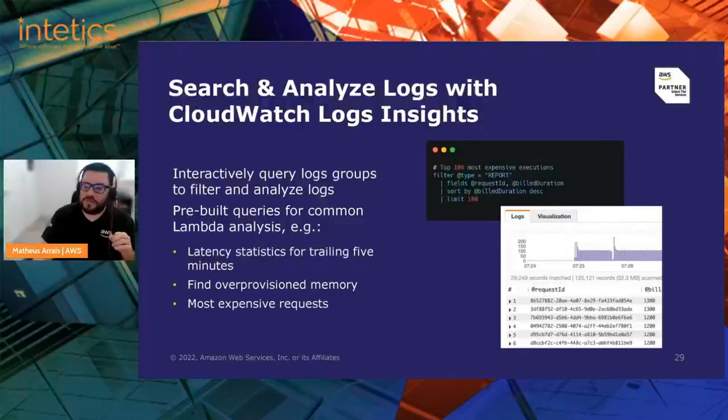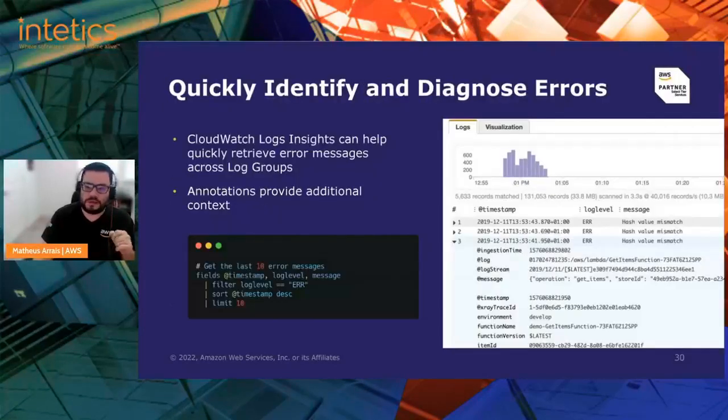Also, you can identify and diagnose errors. Another way to use CloudWatch Logs Insights is to search across all the log groups that you have for a single function or a set of functions, and see what the error samples look like.